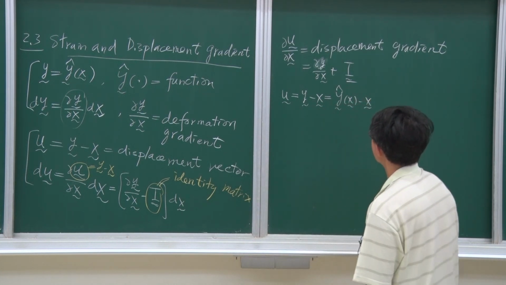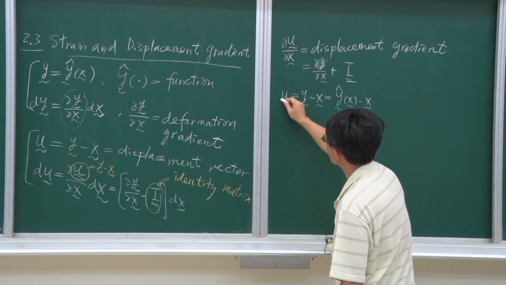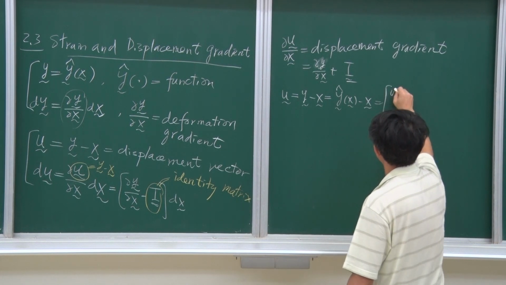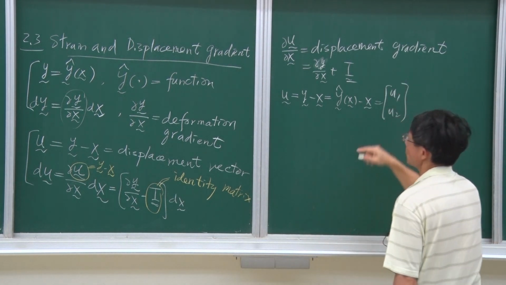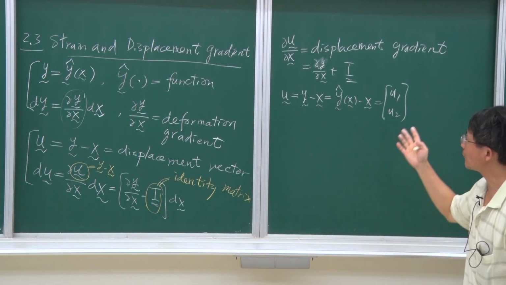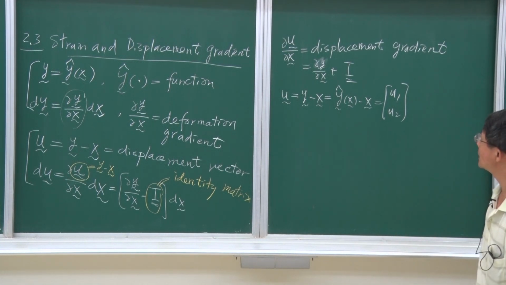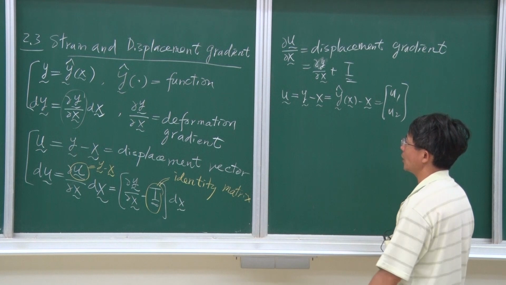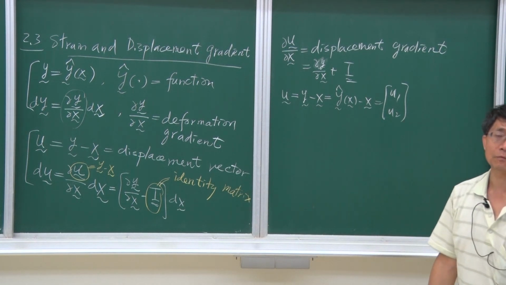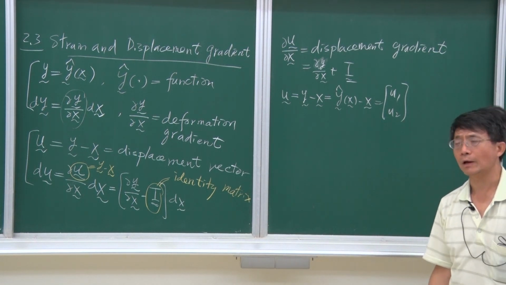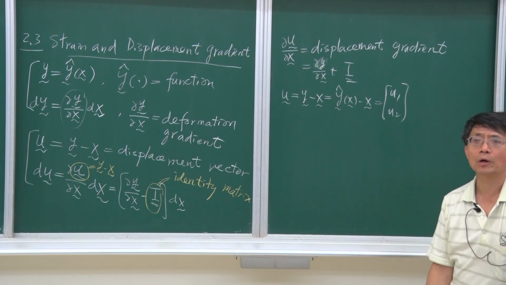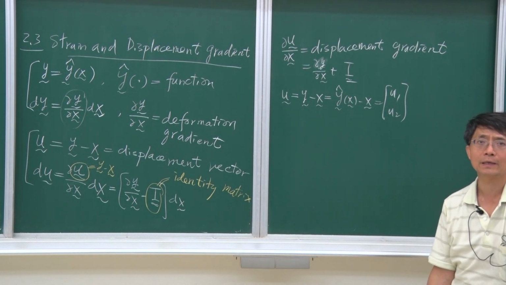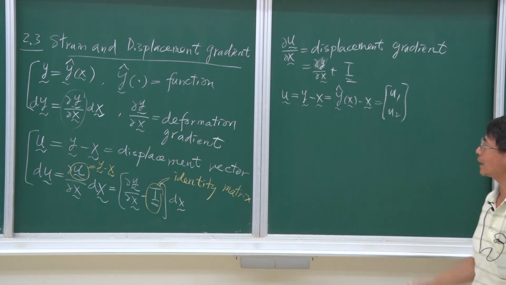Again, this one has a vector form, right? It is a vector, don't forget. So it has two components or three components, depending on which dimension you are working with. If you are working with two-dimensional space, you have two components. If you are working with three-dimensional space, you have three components for this vector.